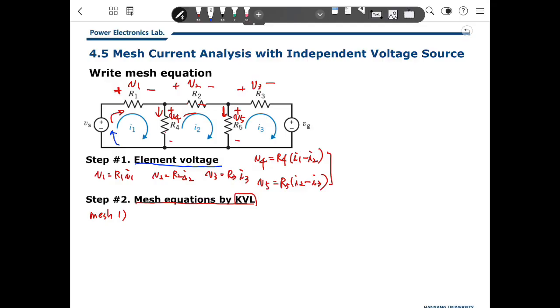At first I made Vs, but there will be a minus, so minus Vs. I made plus V1, and I made plus V4, and go back to the start point. There will be 0. So Vs equals V1, which is R1 I1, plus V4, which is R4 (I1 minus I2).